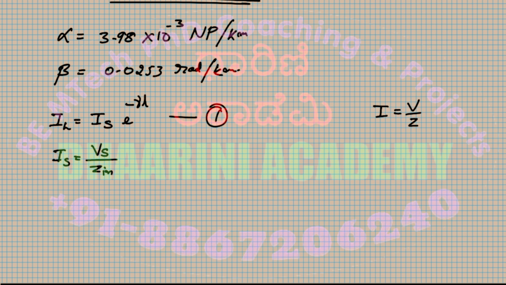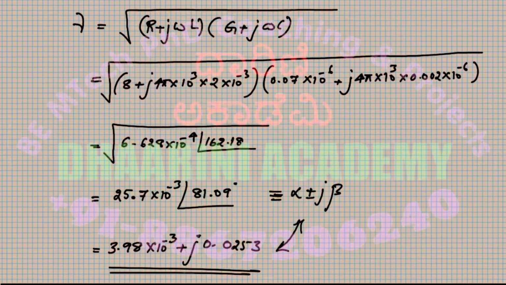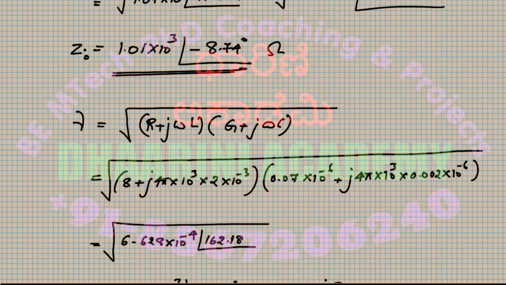But here it is already mentioned it is Z naught only, correct? The transmission line has this same thing. So I can write Vs by Z naught, the characteristic impedance. So that is 2, no angle given, so 2 angle 0 divided by the Z naught value we just calculated, which is in this format.